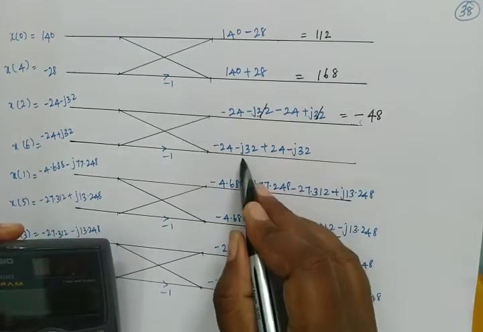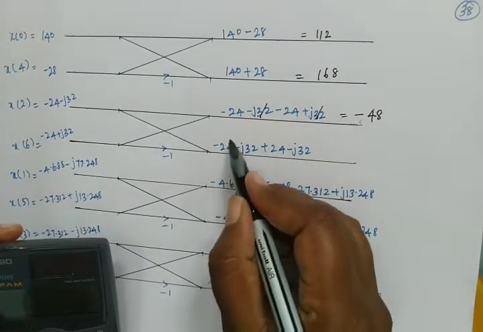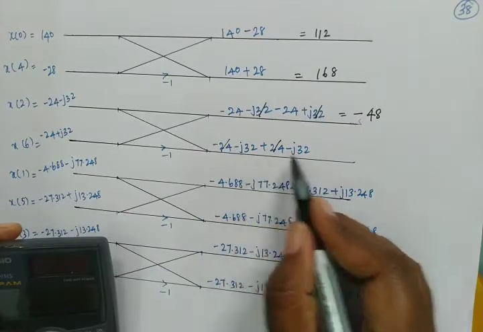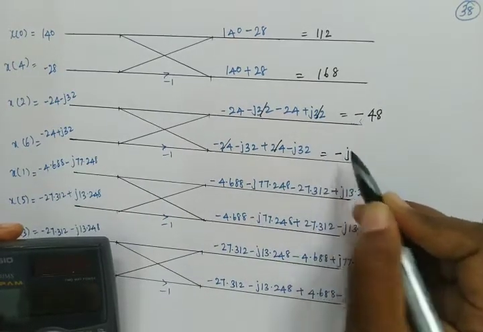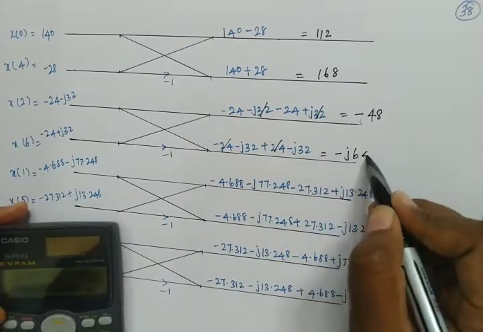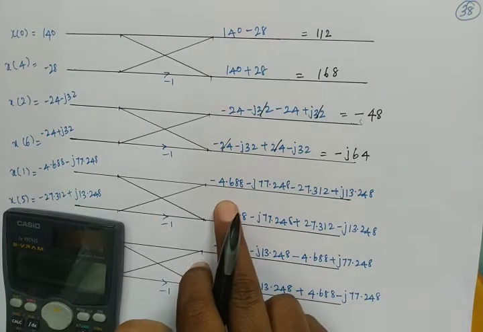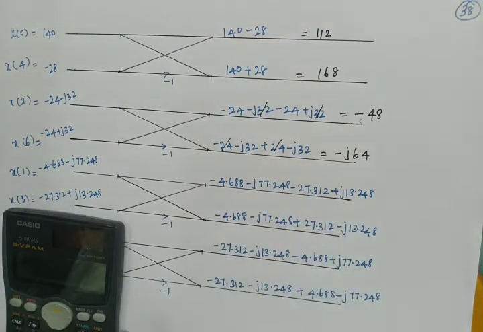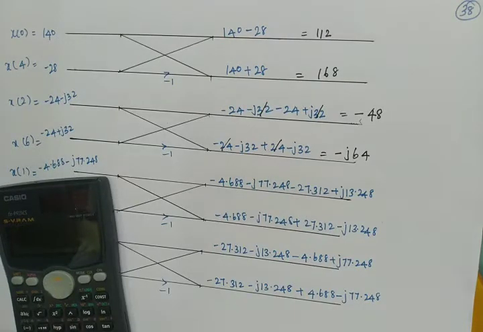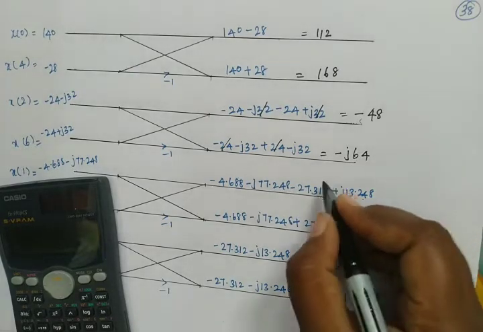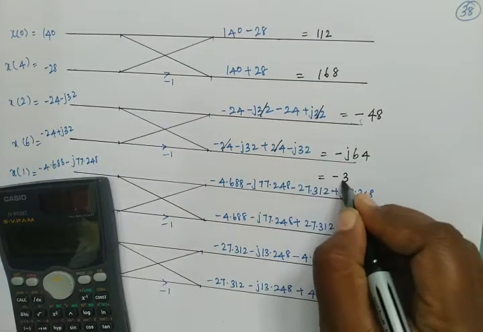Then here we have plus 24 minus 24. Here we have minus minus j 64. Now check here. Here it is minus 4.688 minus 27.312, that is 4.688 plus 27.312, which is equal to minus 32.